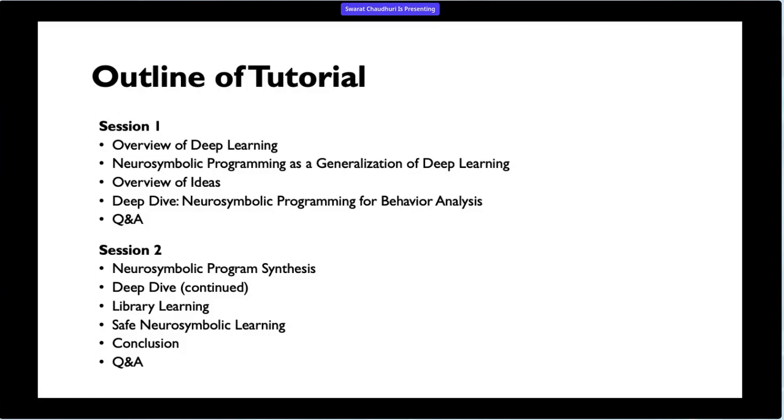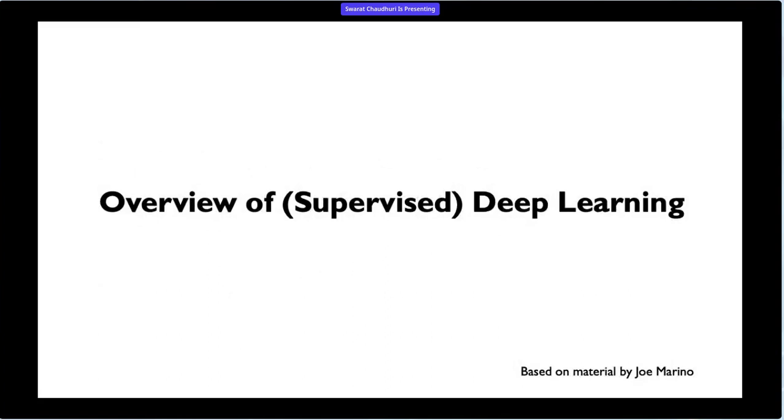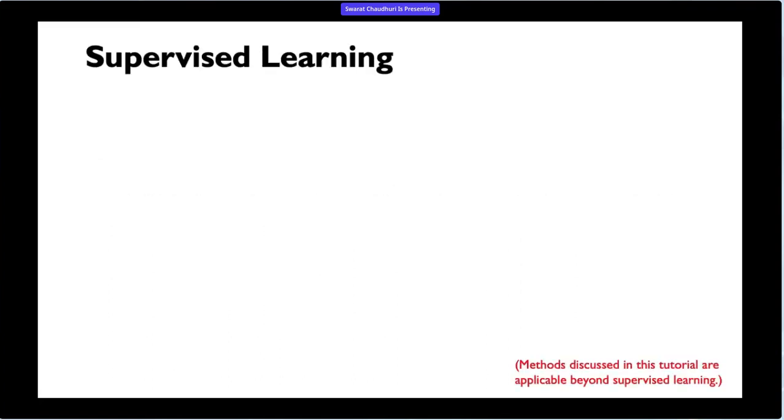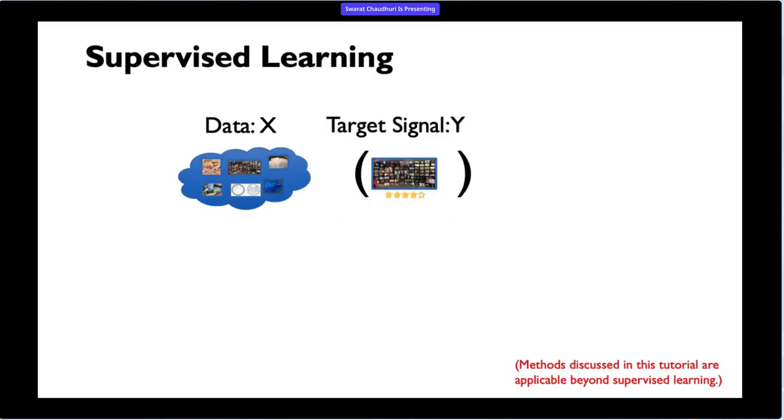Okay, so let's get on with it. So as mentioned, we are going to start with just a very basic overview of supervised deep learning. And just to recap, supervised learning is the situation where you have some data and the data items are labeled with the value of a target signal.